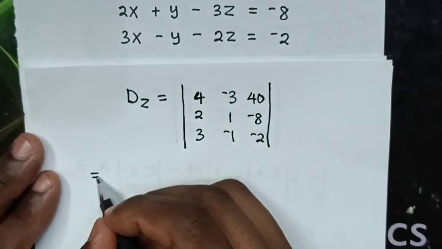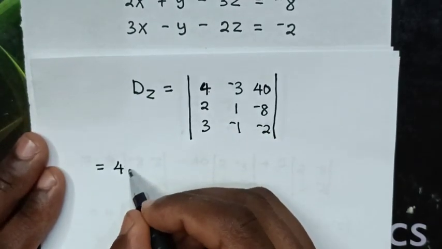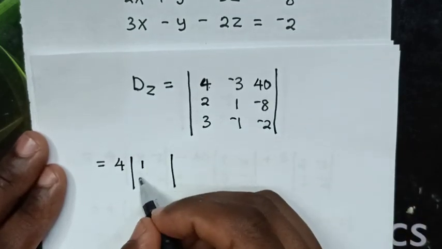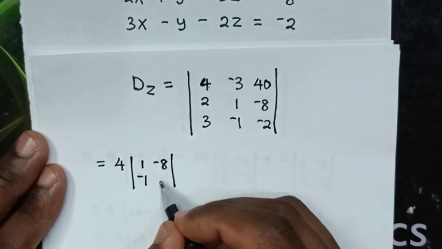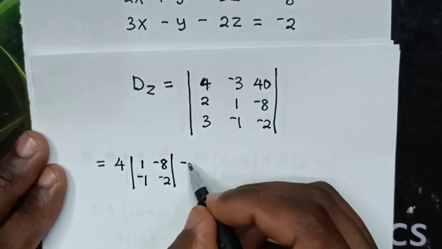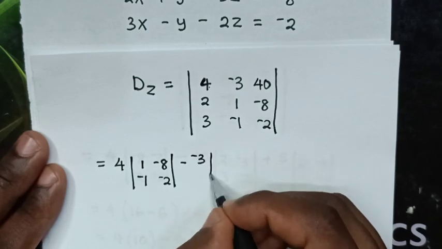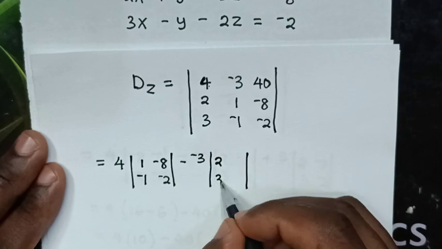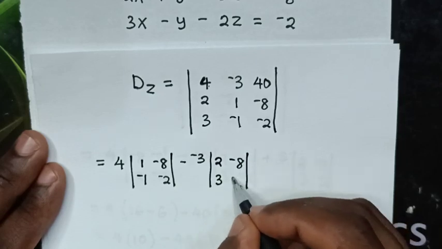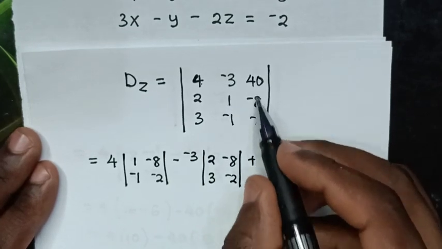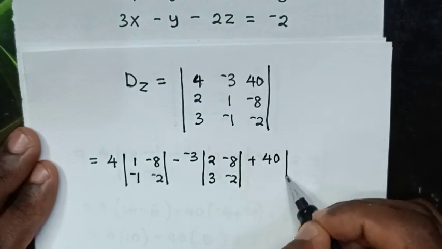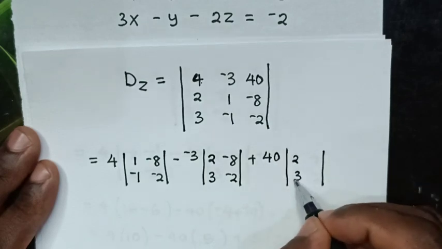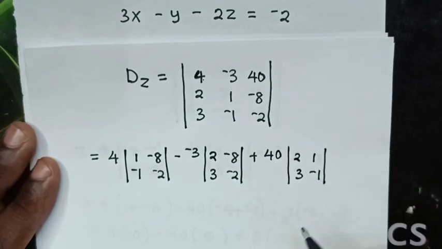Then it will be equal to 4, then determinant of this column and this column, 1, negative 1, negative 8, negative 2, then minus this negative 3, determinant of this and this, 2, 3, negative 8, negative 2, then plus this 40, determinant of this column and this column, so 2, 3, 1, negative 1.